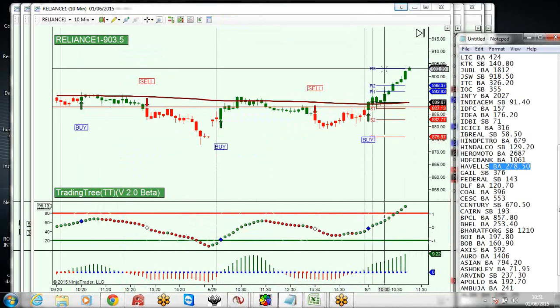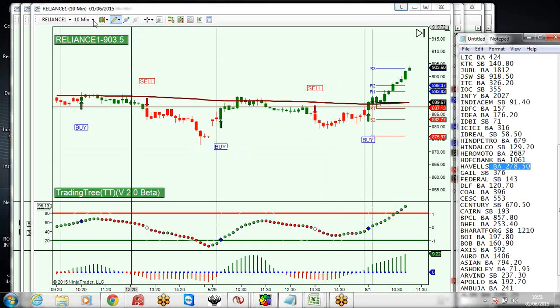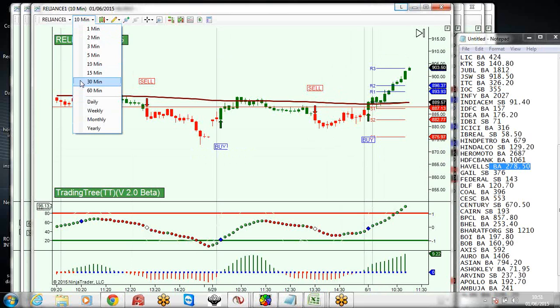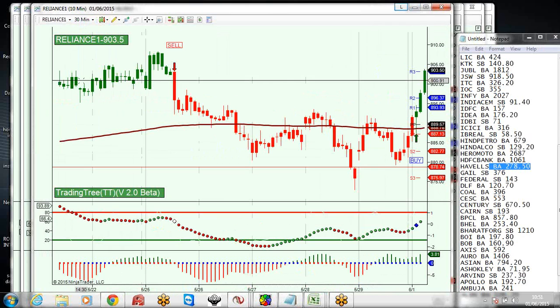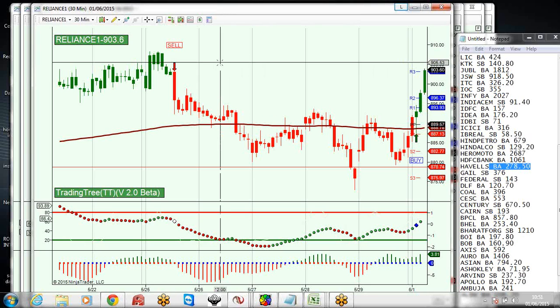So we were talking about the Reliance 903 target. So that is also done now. I will give you another target. So next will be 905.50.